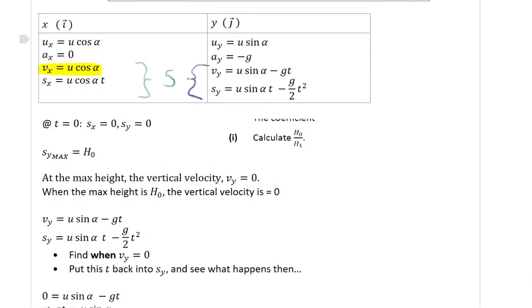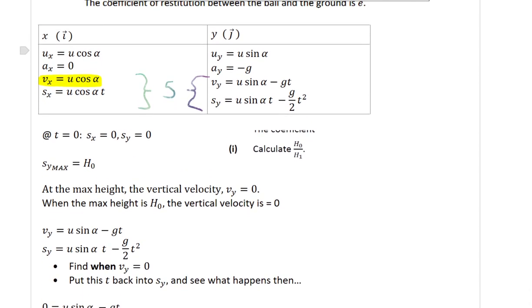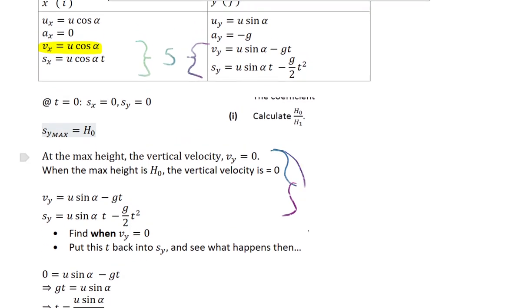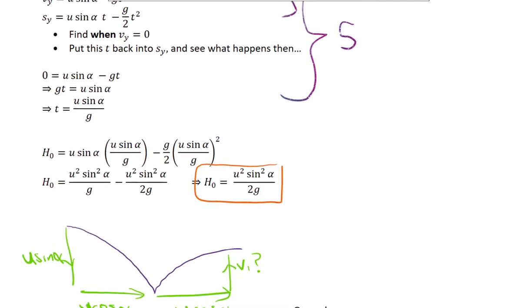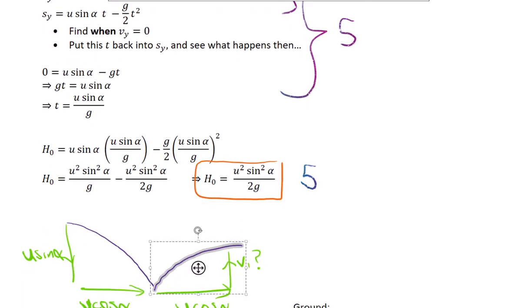So then, knowing this stuff here and getting an answer, I suppose, is going to be 5 marks. You might get 5 for knowing Vy is 0 and Sy is a max. Then putting that in, and that gets you 5 there.